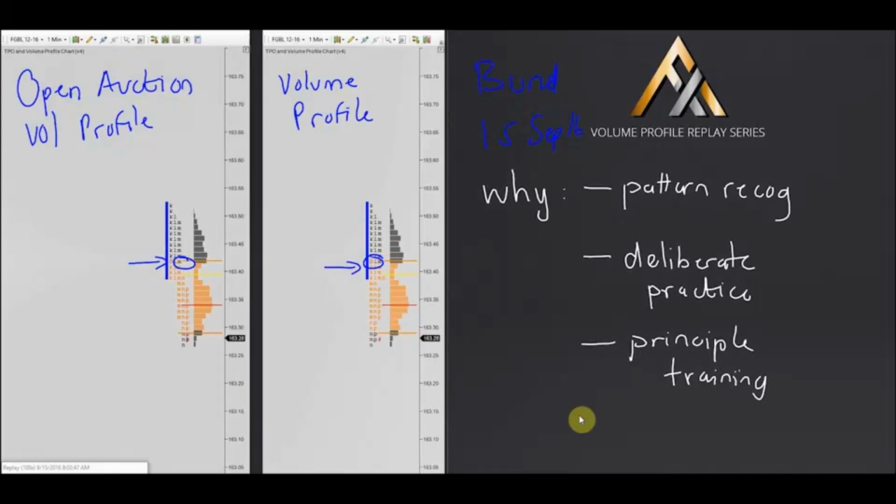Firstly, the traditional profile, we utilize mainly for shape. It's important to be able to see the shape of distribution, not just as it's occurring over the period of the day, but also over maybe various days and even weeks and months. So we utilize a closed profile to determine shape and structure.